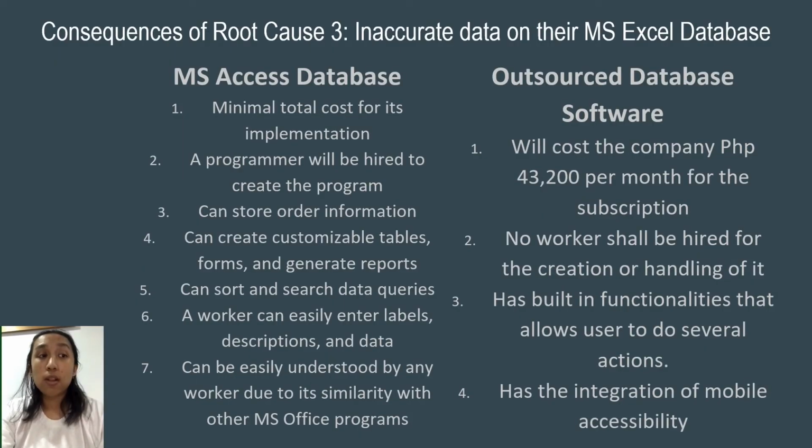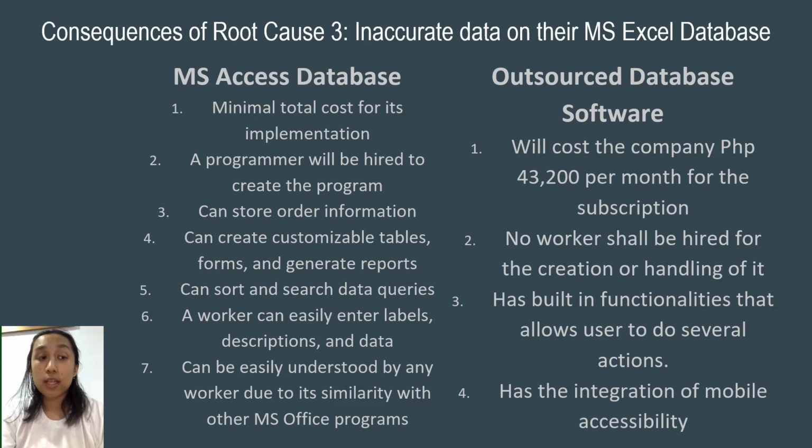So now, let us discuss the consequences of the two alternatives. The first is Alternative 1, create an MS Access database with the help of a programmer. First, it has minimal total cost for its implementation. Next, a programmer will be hired to create the program. Third, it can store order information.